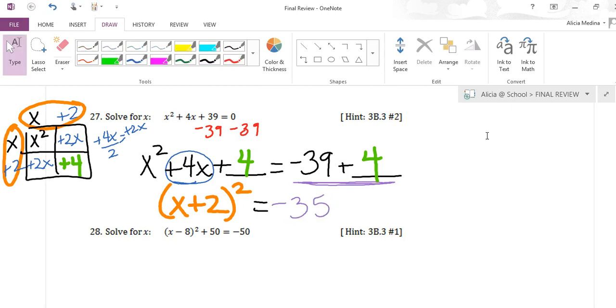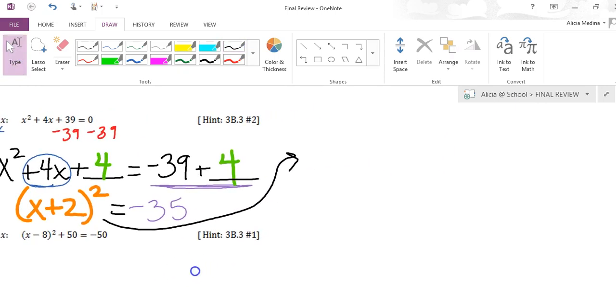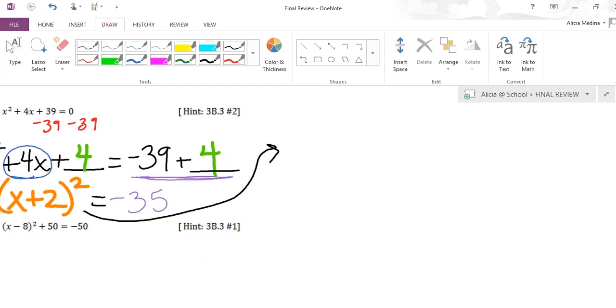All right, from there, we still need to solve for x. So I'm going to go ahead and extend this over here and move my board over. So I have that x plus 2 quantity squared still equal to a negative 35. My goal is to get that x by itself, so I need to take the square root of each side.